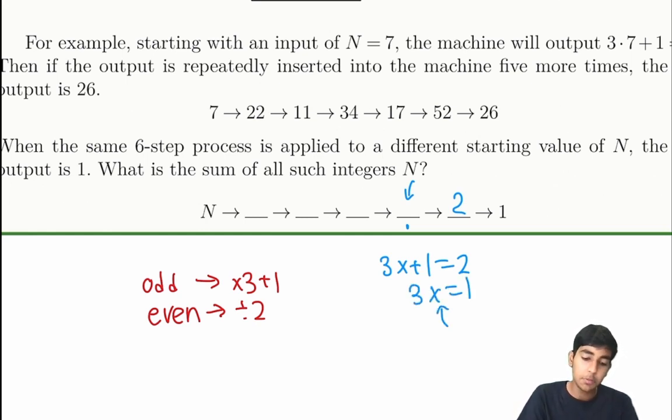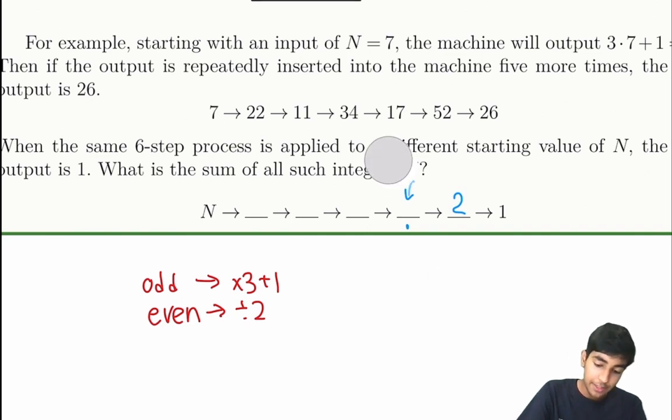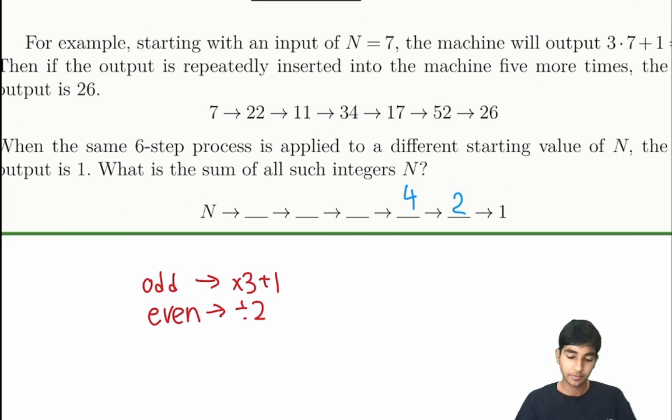No, it has to be integers, right? So this won't work. So that means what must happen is that this must be a 4 over here. We must divide by 2, because there's no way to do times 3 plus 1 to get to 2.